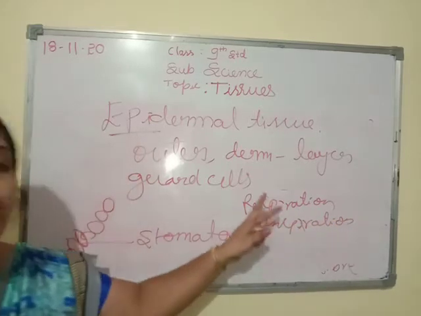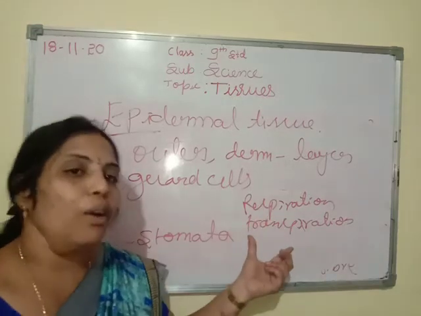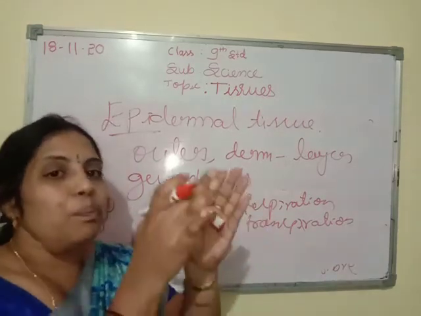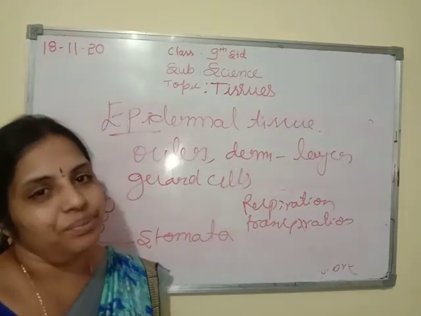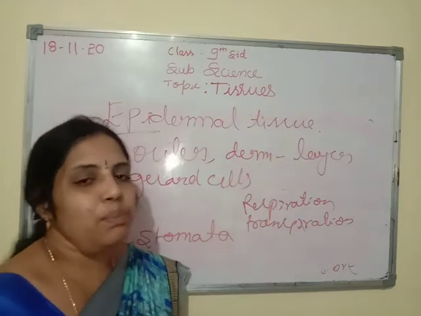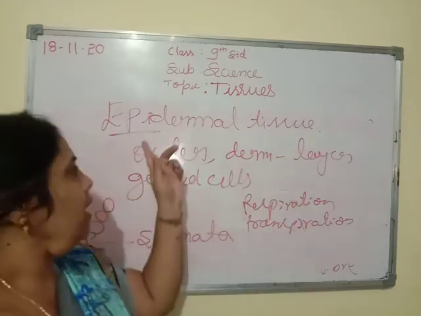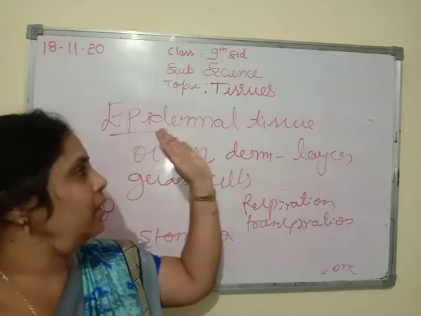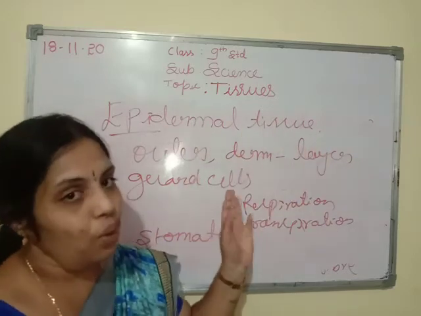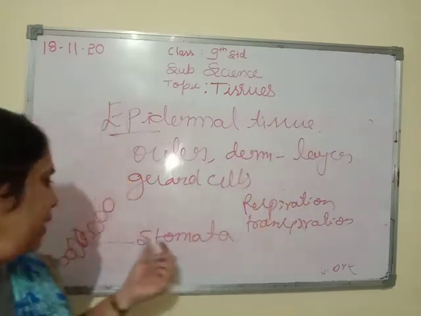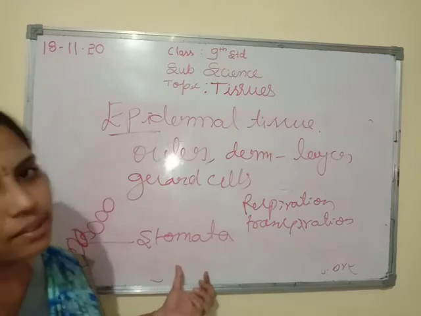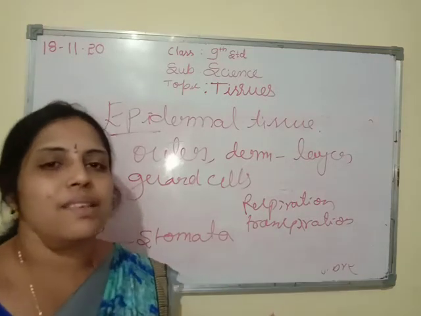It performs two functions, and otherwise it also helps in the protection of the plant. The whole plant is protected by a layer called the epidermal layer or epidermal tissue. This tissue contains a number of stomata, so many stomata are there.